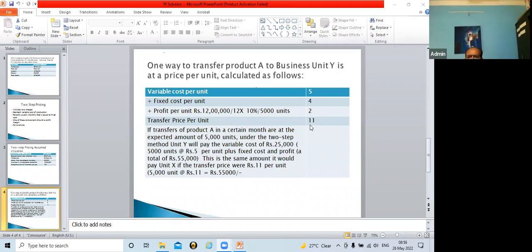Yesterday I had conducted one case, but you expressed your wish that, sir, we want one more case. So one more case we discussed today, and the solution is given to you after discussion. So this was all from my side, yesterday's numerical and today's numerical. Again, go through these numericals, and if you have any specific query, come and discuss with me.